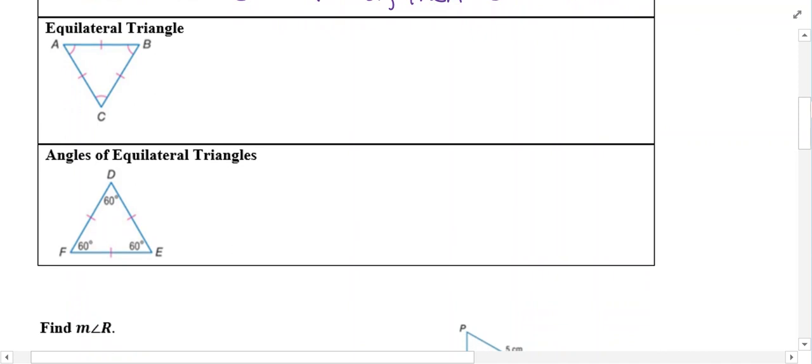As we discussed before, if a triangle is equilateral, then it is also equiangular. And it can go either way. If we know it's equiangular, then we know it's equilateral. If it's equilateral, we know it's equiangular.